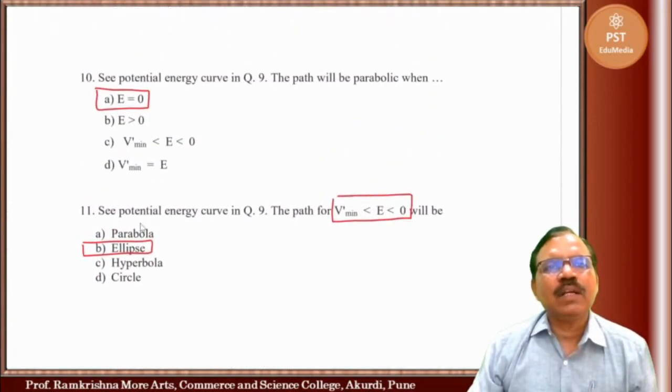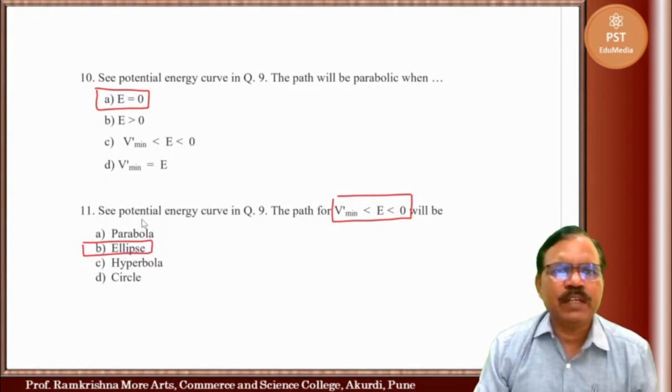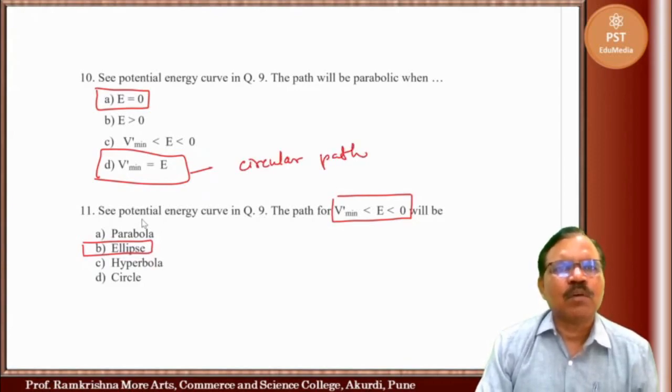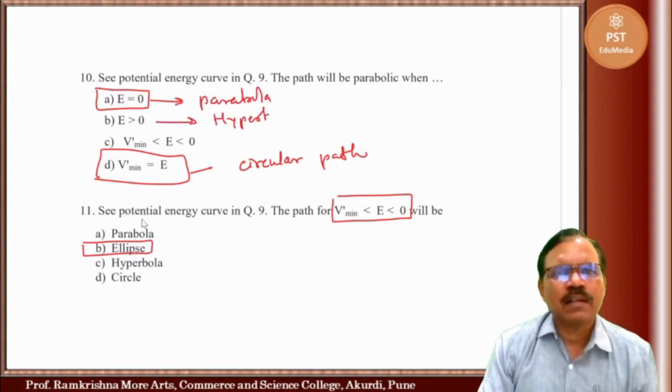And when E equals V minimum, meaning this case, then we have a circular path. So for E equal to 0 we have a parabola, for E greater than 0 we have a hyperbola, and for this we have an ellipse, meaning elliptical path.